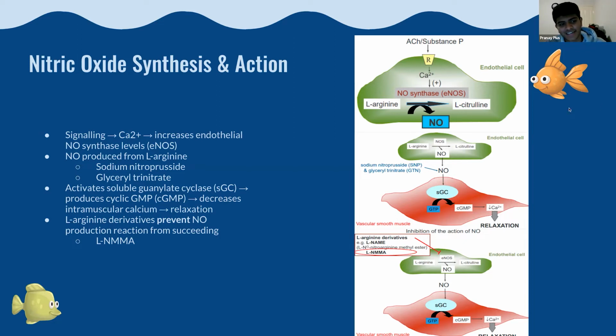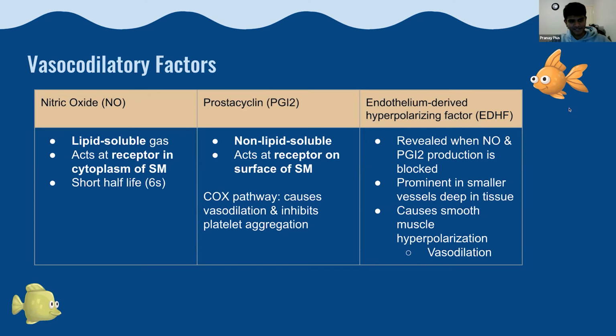Next slide. This is what's more important to understand because this comes up in exam questions. You need to know the difference between vasodilators and vasoconstrictors. The vasodilatory factors include nitric oxide, prostacyclin, and EDHF, which is endothelium-derived hyperpolarizing factor. I already talked about nitric oxide.